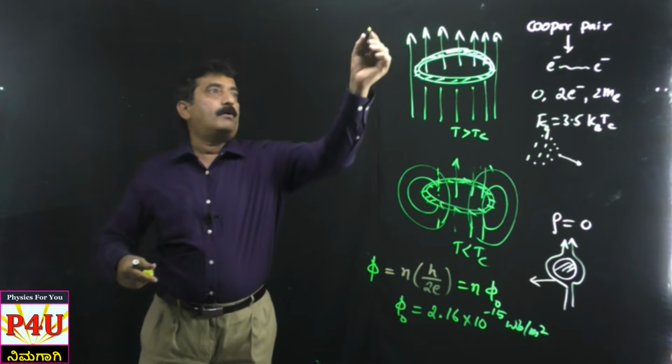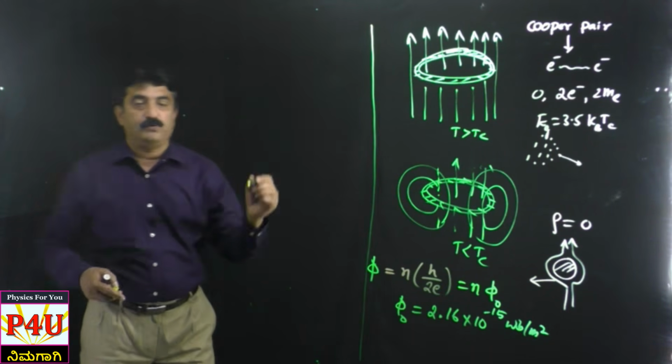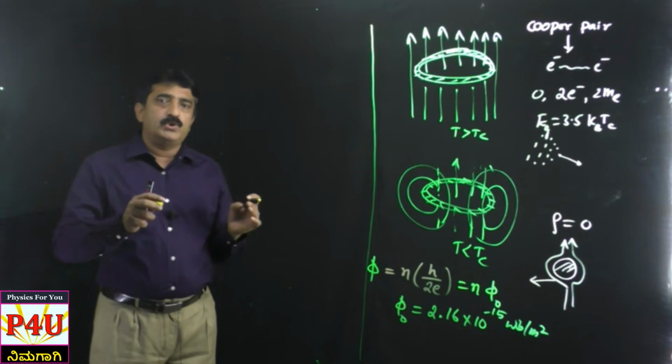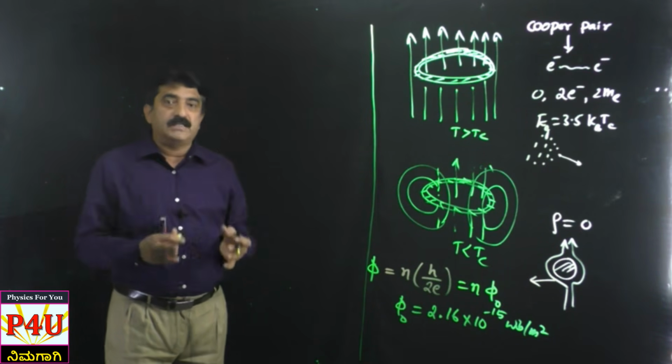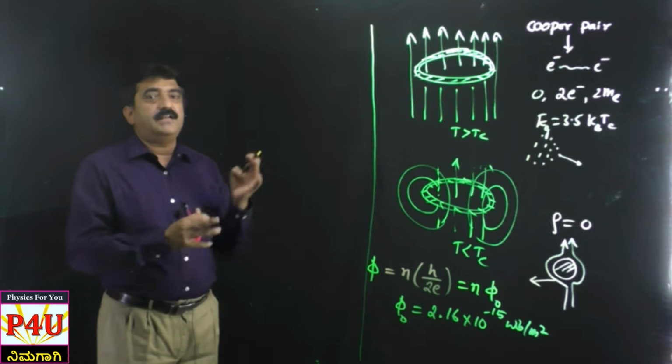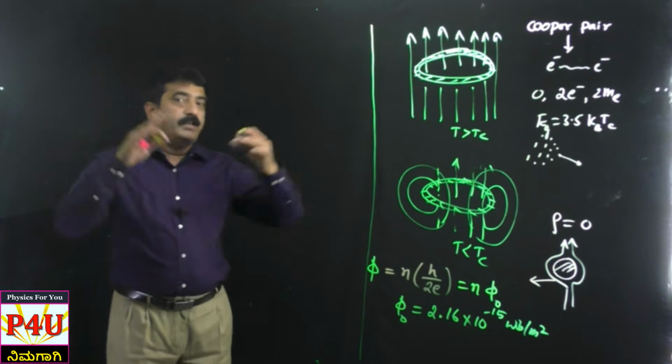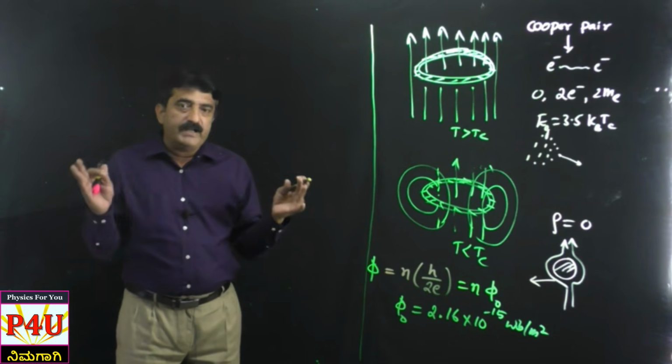So this is another property or concept we are supposed to remember regarding the superconductor. All these properties are utilized in designing certain devices. Superconductors are already finding applications, not on a larger scale, but on a limited scale.